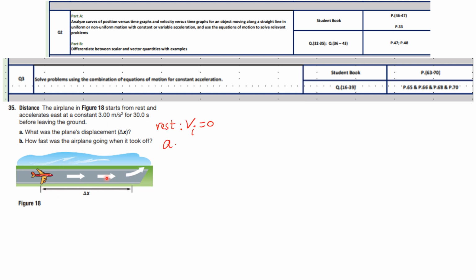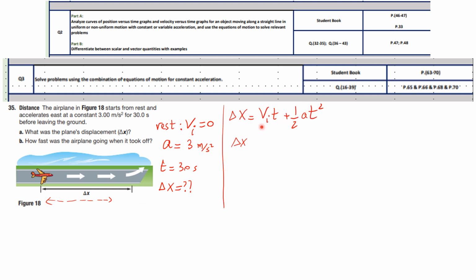Because they told us it starts from rest, it means that the initial velocity is 0. Acceleration is given, 3, time is 30 seconds, and question A asks for delta x, or the distance. So what equation to use here? Delta x equals v initial times t plus half a t squared.